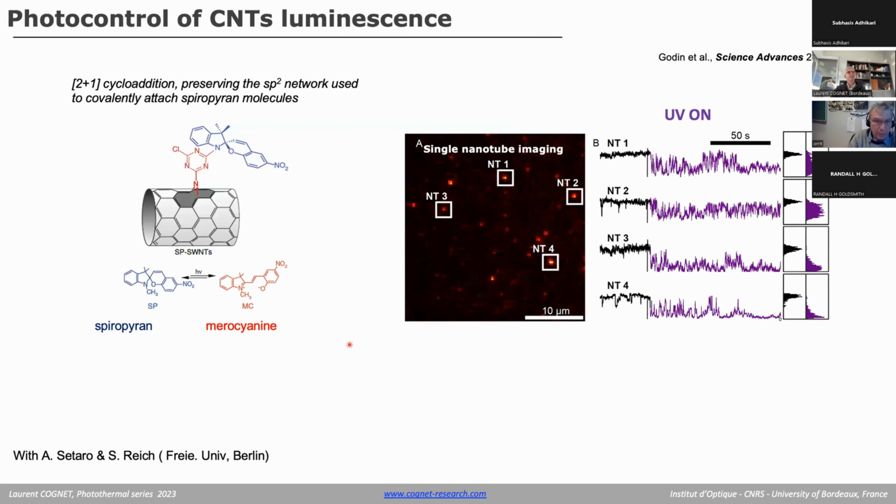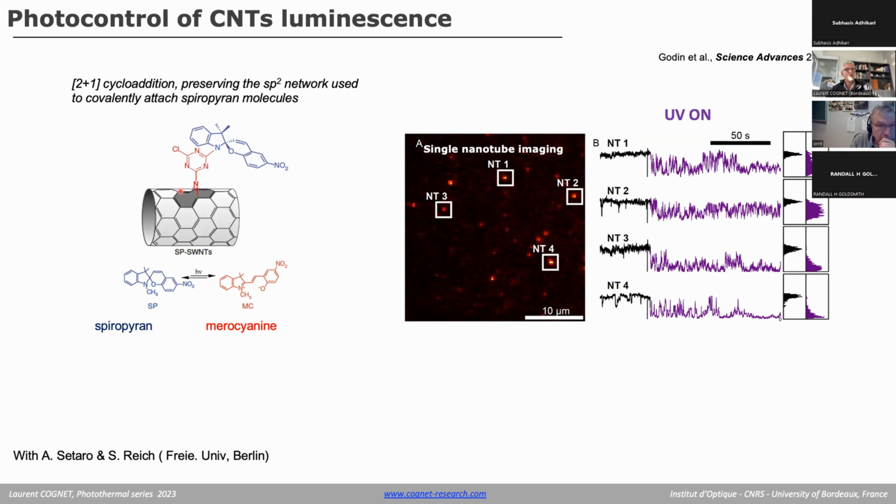And finally, I have 2-3 slides to show you how we can play with carbon nanotubes to photo-control their photoluminescence with a certain type of chemistry. In this case, it's another chemistry performed on these carbon nanotubes.